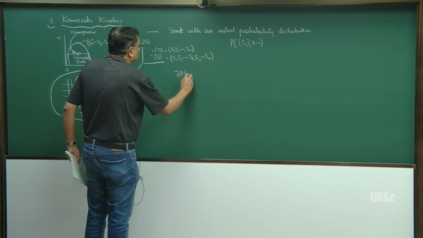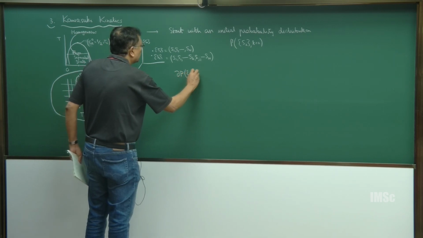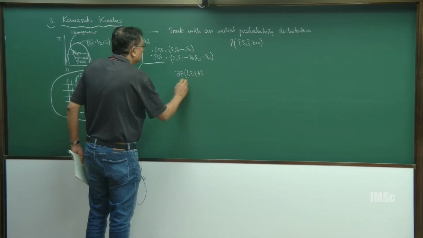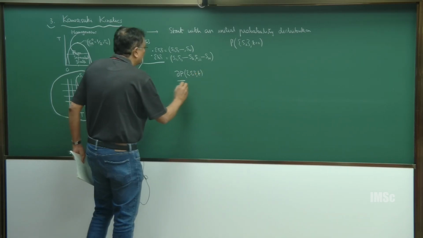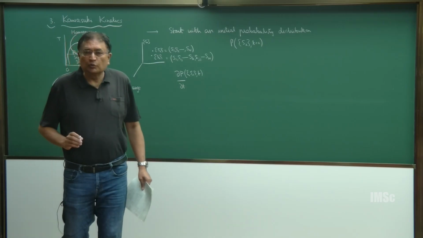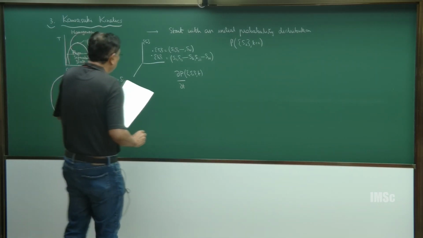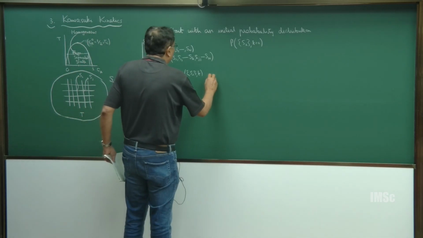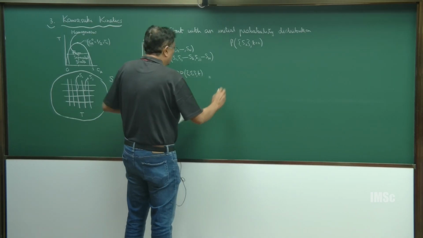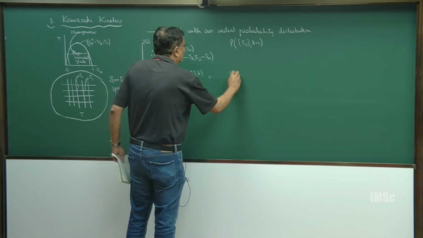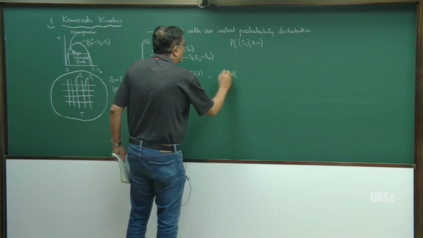So it's sort of obvious though it's going to become a little more lengthy in terms of writing down, but the evolution of the probability distribution of the state I consider, del p by del t, is going to be a gain term and a loss term. The loss term will arise from a transition probability, so that's going to be with a minus sign.